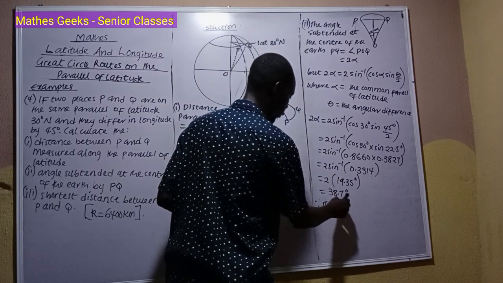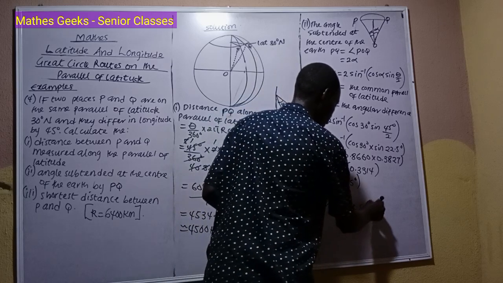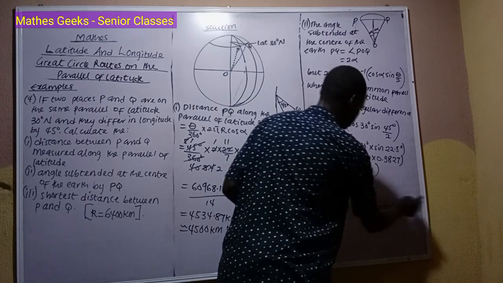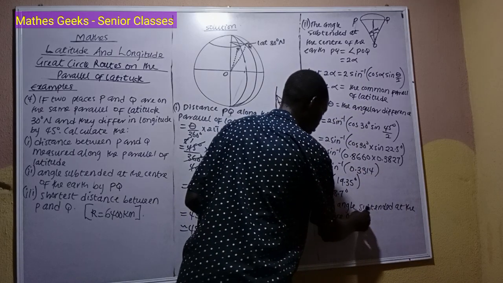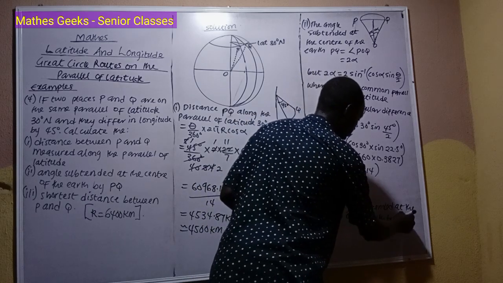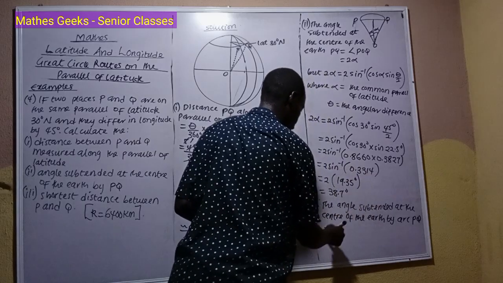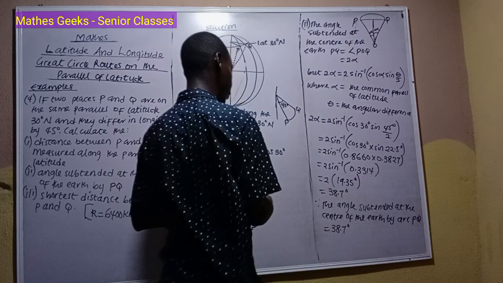Therefore, the angle subtended at the center of the Earth by arc PQ is 38.7 degrees.